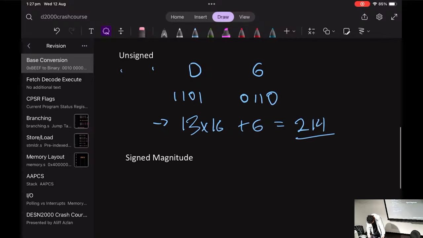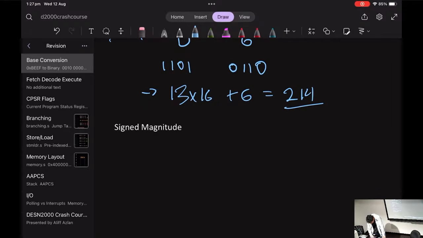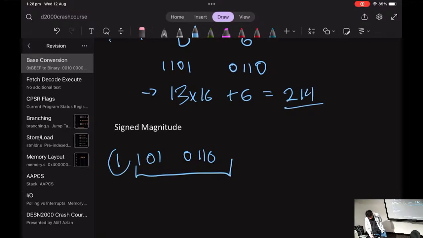Cool. Right. Now with sign magnitude, we have a binary representation already, which is 1, 0, 1, 0, 1, 1, 0. All we do is look at this first bit, because with sign magnitude, it just represents whether the number is positive or negative.